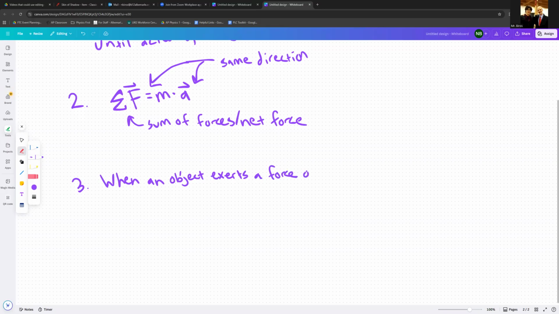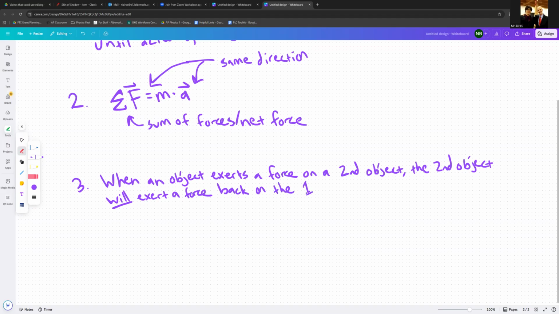When a person or object exerts a force on a second object, the second object will, and this is always true, will exert a force back on the first object that is equal in magnitude but opposite in direction. Okay.